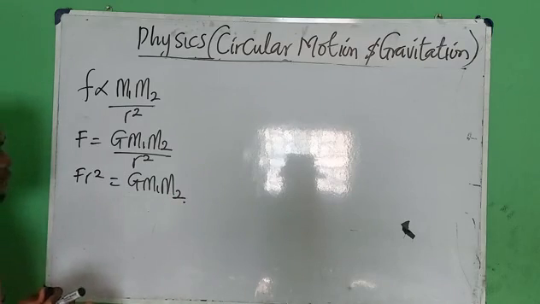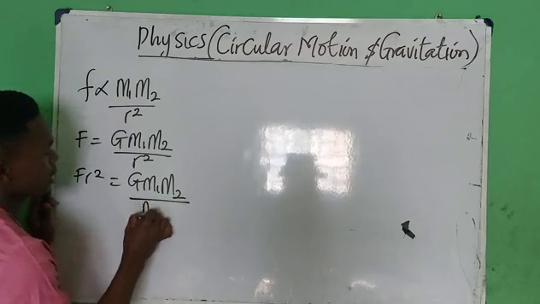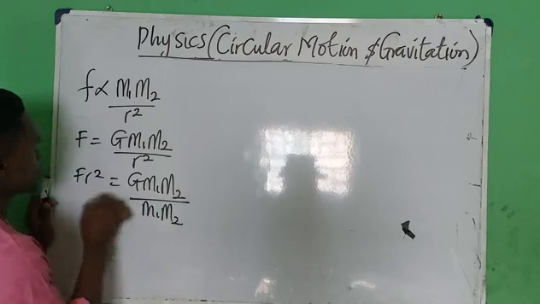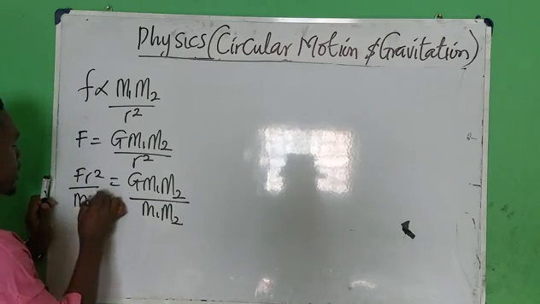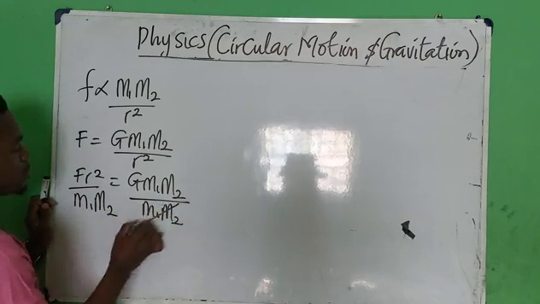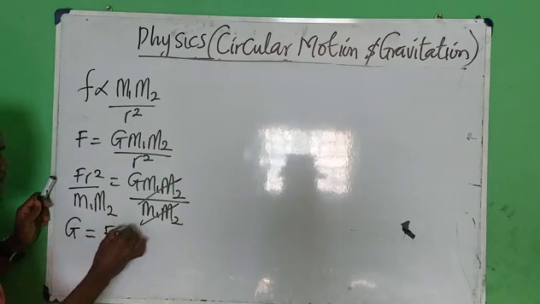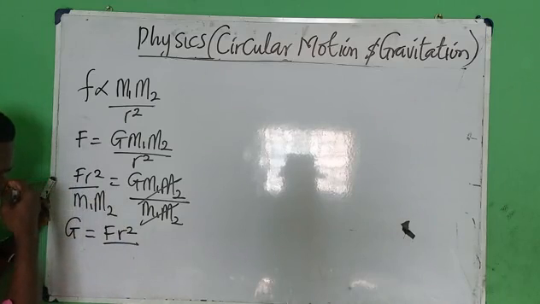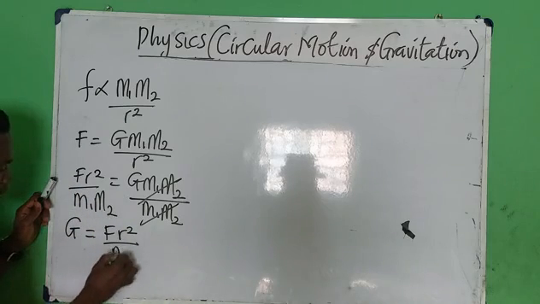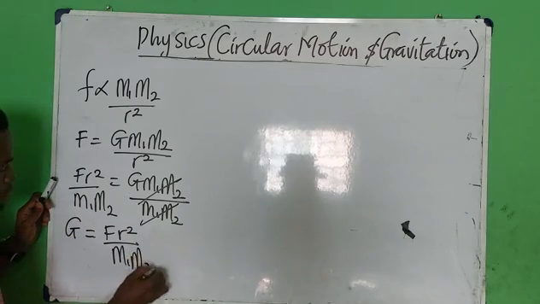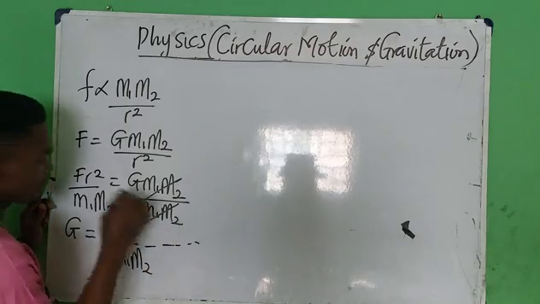So what do I do next? I'll divide both sides by m1 m2, so this will go into this. Means that G is equal to F R squared over m1 m2. So this is what you have it to be.